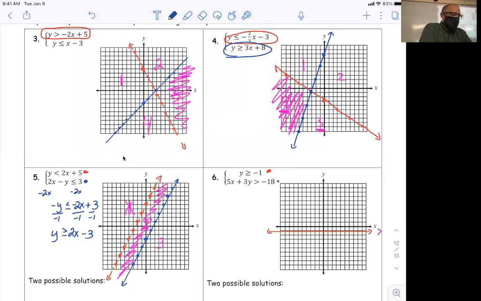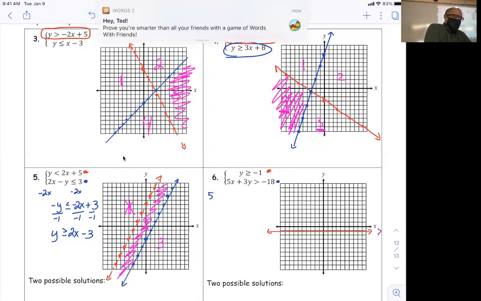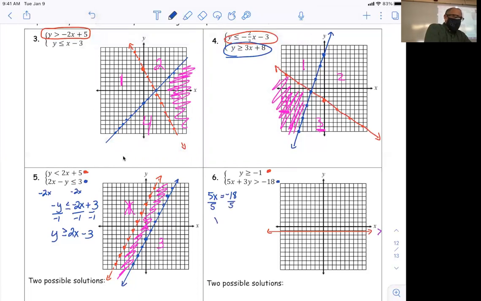Now I am actually going to do this in the other way. Again, we can put it in slope intercept form if that's your preference. That is completely up to you. But I'm going to say that 5x is equal to -18. And when I divide by 5, I'm going to have a decimal. That x-intercept is going to be -3.6.